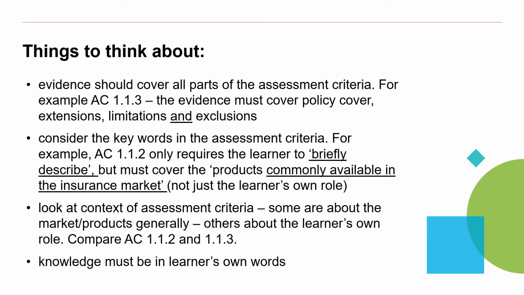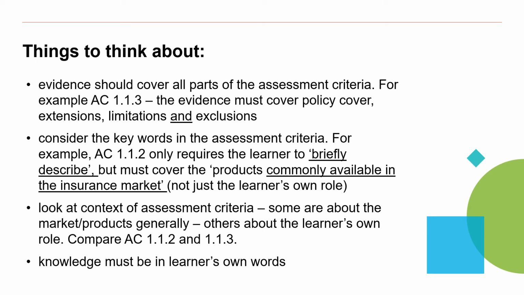Evidence should cover all parts of the assessment criteria. For example, assessment criteria 1.1.3, the evidence must cover policy cover, extensions, limitations and exclusions. Consider the keywords in the assessment criteria. Make sure you're looking at the context of assessment criteria. Has the evidence been contextualised?